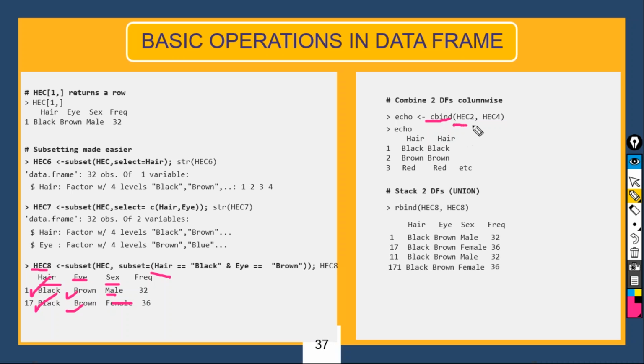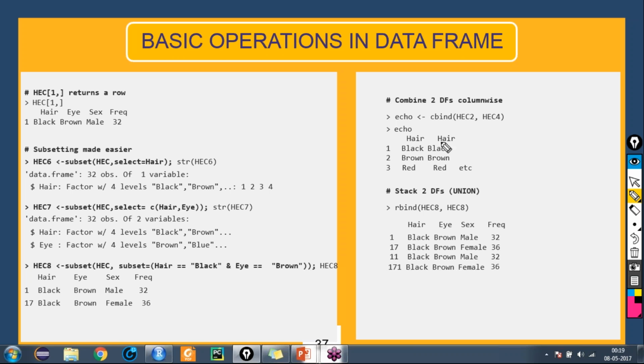How to combine it? Okay, so we have hex 2 which we defined earlier, and we have hex 4 again decided in the last slide, right? So we can do cbind(hex 1, hex 2, hex 4), and it will just give us a combination. This is very helpful because there are a lot of predefined functions in R which are helpful in getting things sorted in a very easy manner, right?